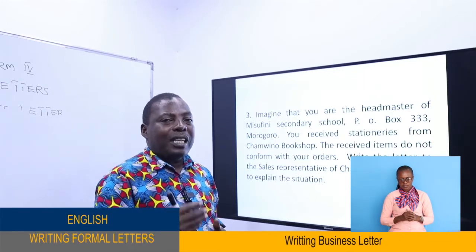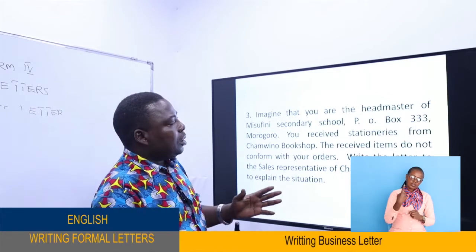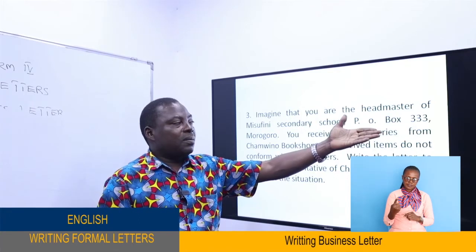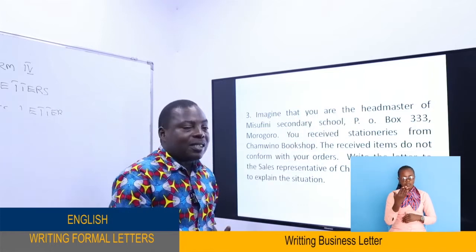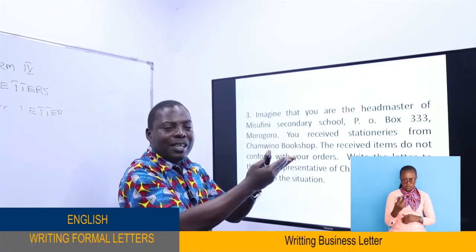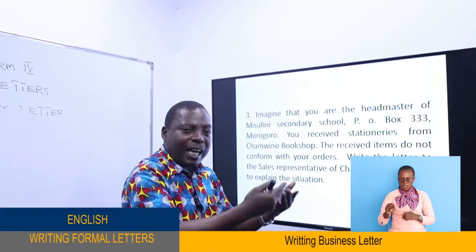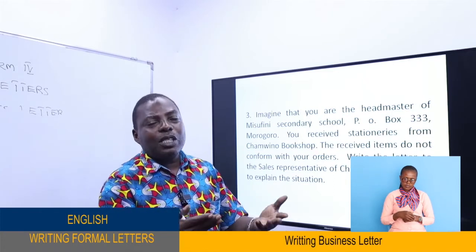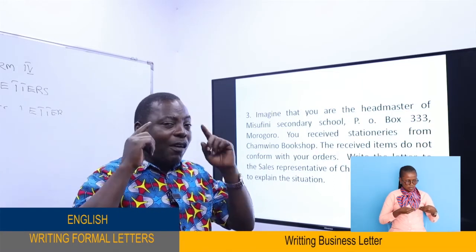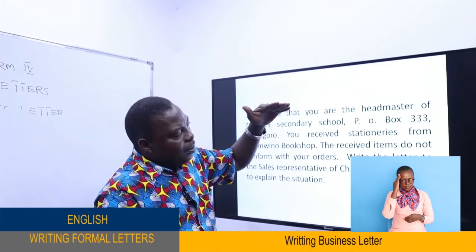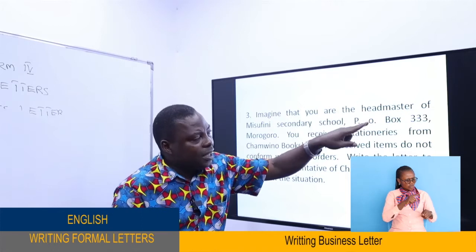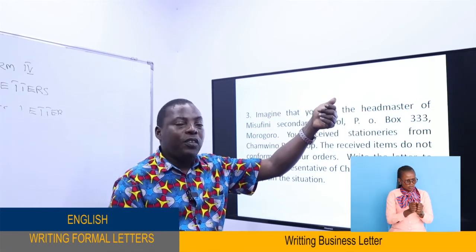The previous question that we saw did not contain physical addresses. But here we see there is an address. But whose address? Is this the address of the sender, or is it an address of the receiver? So you have to be very careful to know to whom it has to fit.